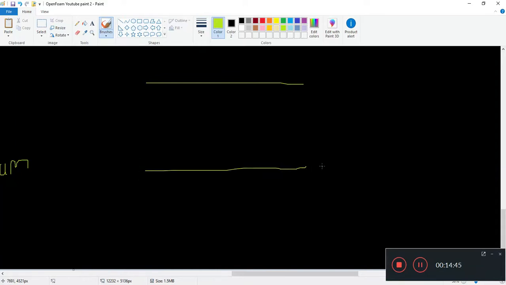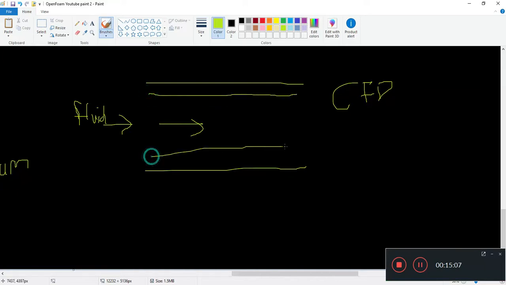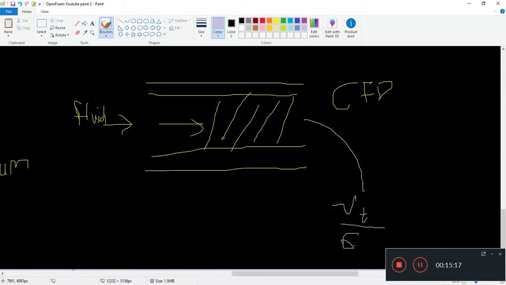In CFD, we don't ignore it, because when you try to simulate, for example, a boundary layer flow, or some fluid going through a duct or pipe, you will have boundary layers over here, where in the bulk regime it really is true that nu t over sigma k is much greater than nu.